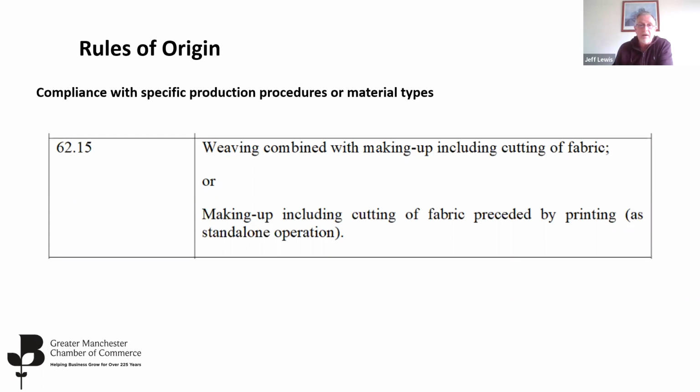Now making up, if you're in the textile trade, you will know that's the third or fourth stage. So this is what you have to do, and you have to be able to prove you do, either or in this case, to a textile product. And it does make it difficult in certain instances, because you do need to know what the procedure is, and you do need to know what the content is.